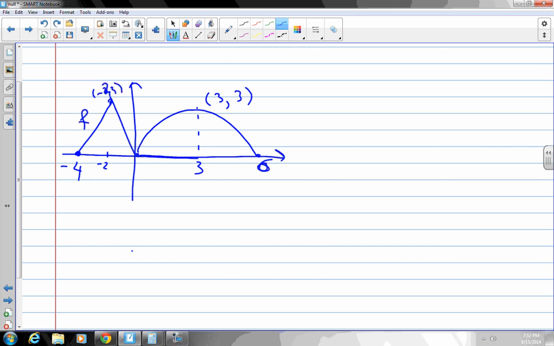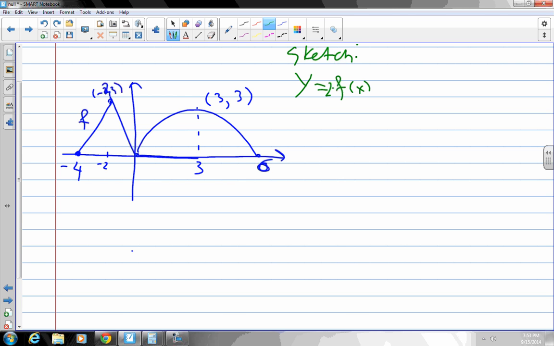So I want you to sketch, let's say, this function, y equals f of x, and we're going to multiply f of x by 2. Okay? So what happens to the graph if you multiply the function by 2? The whole function. What are you messing with, the x or the y? The y. So along the y-axis, everything will get doubled.